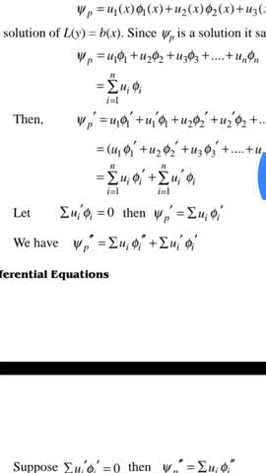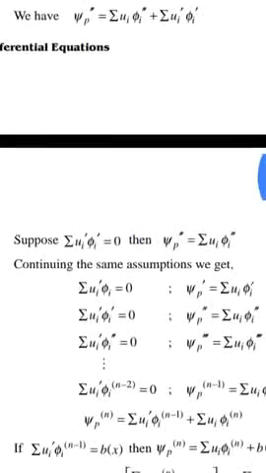Let summation of ui dash phi i = 0. Then psi p dash = summation of ui phi i dash. We have psi p double dash = summation of ui phi i double dash + summation of ui dash phi i dash.